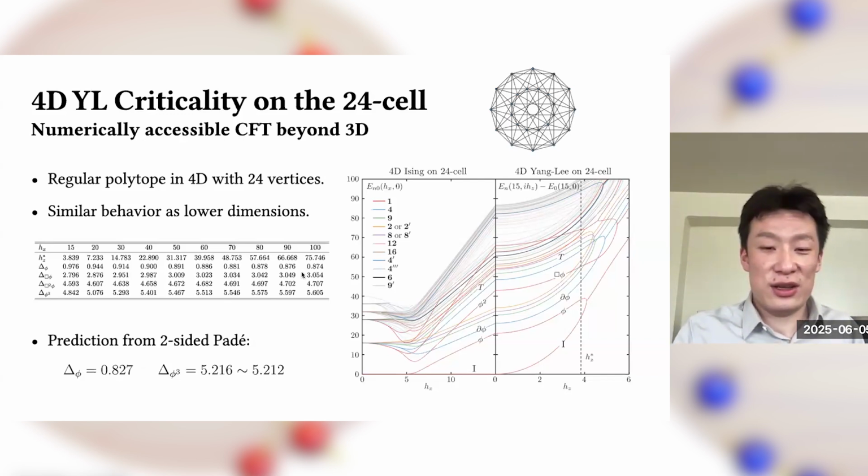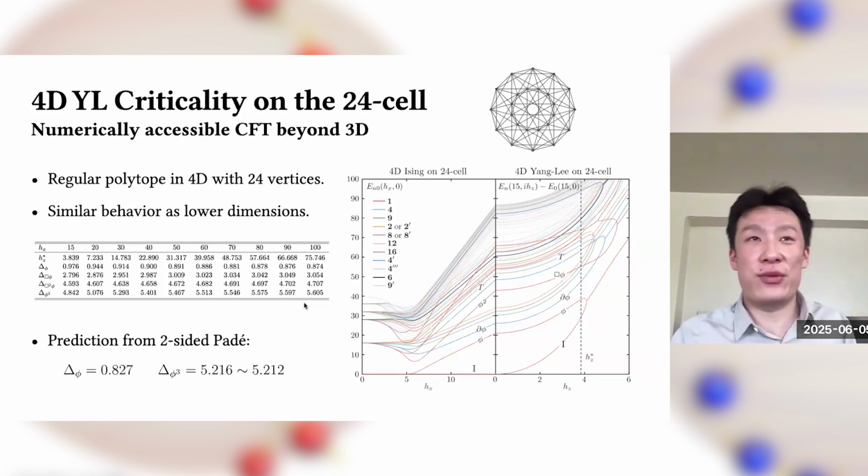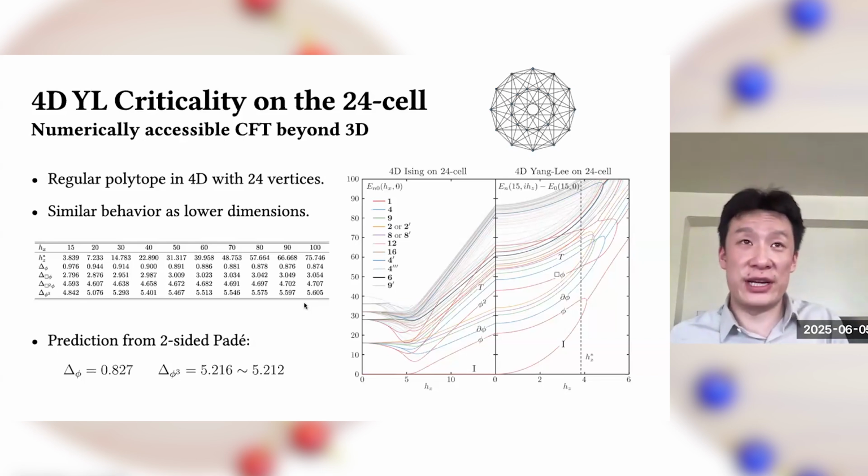So here, delta phi is 0.02 and delta phi cube is 0.4. And the scaling dimensions of the descendants are related to the corresponding primaries at roughly 0.3, 0.4-ish error. So we get a reasonably good approximation without doing any finite size scaling. If there's a world in which we can do finite size scaling, I would expect we can also obtain these scaling dimensions quite accurately.